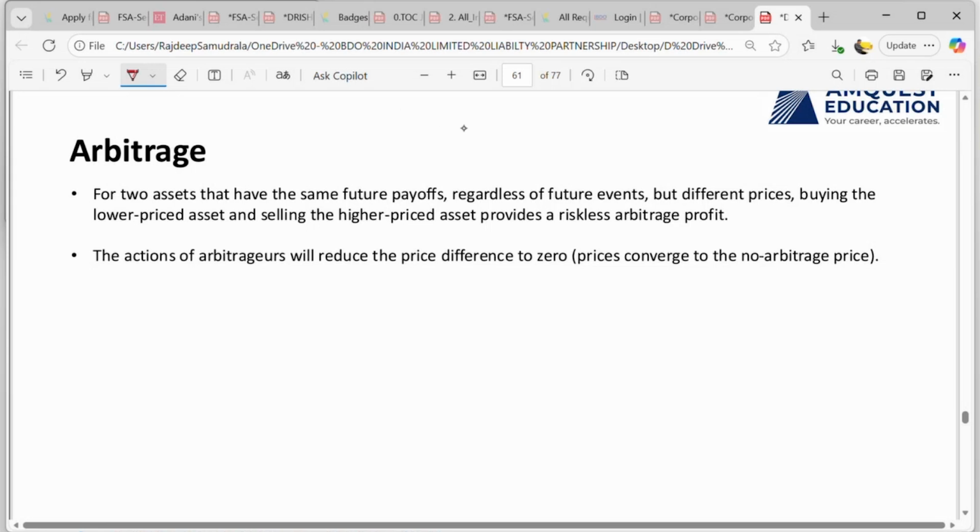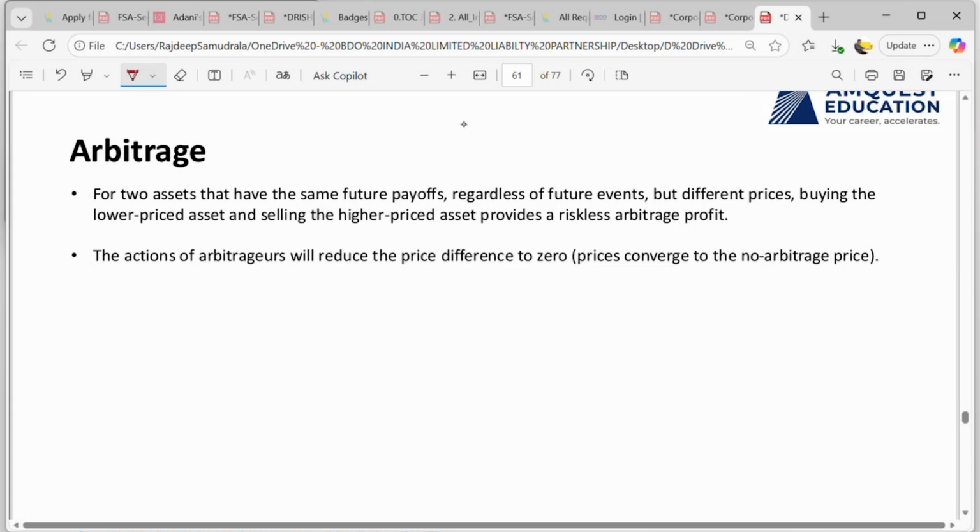The two assets have the same expiry, the same payoff, the same life, the same features, the same risk. Obviously, it means that both the assets should be selling at the same price. If one asset is being sold at a different price, then immediately people will come, buy the cheaper asset and sell the higher-priced asset, and they'll make a profit.